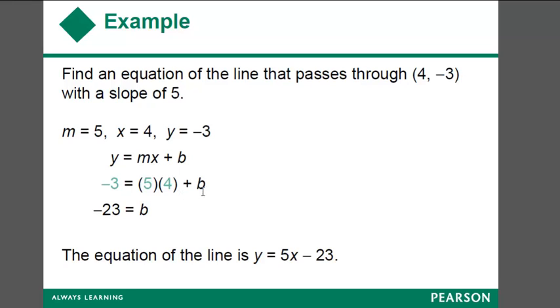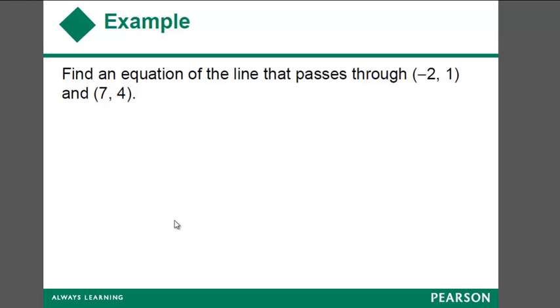Let's look at another problem. This one says, find the equation of a line that passes through (-2, 1) and (7, 4). Okay, well this one doesn't even give me the slope. So the first thing I have to do is find the slope.